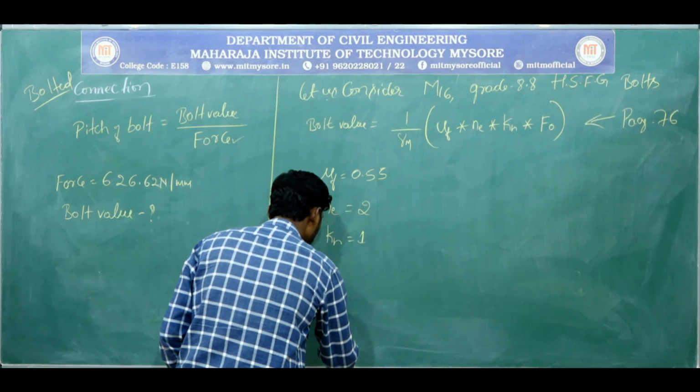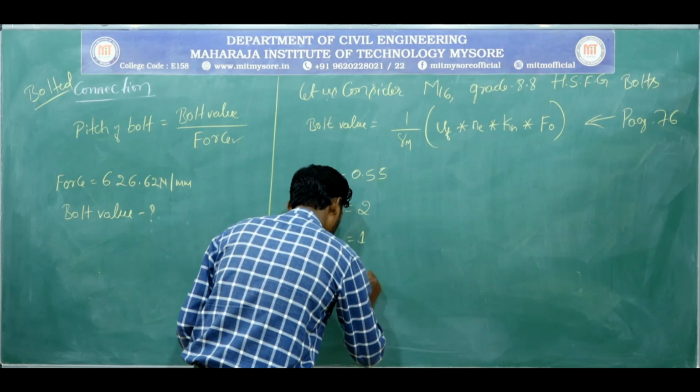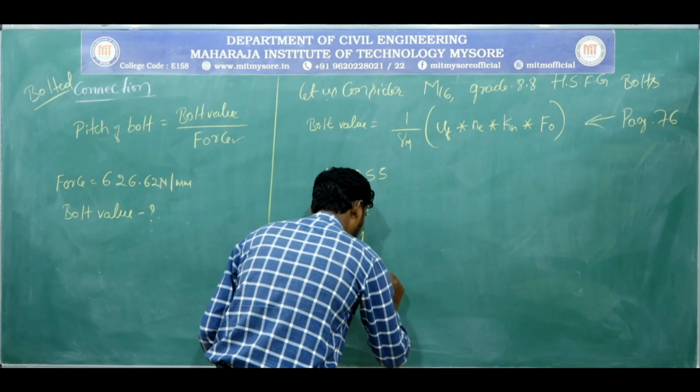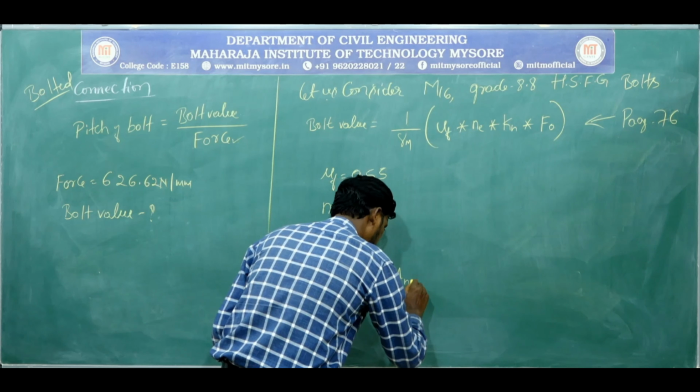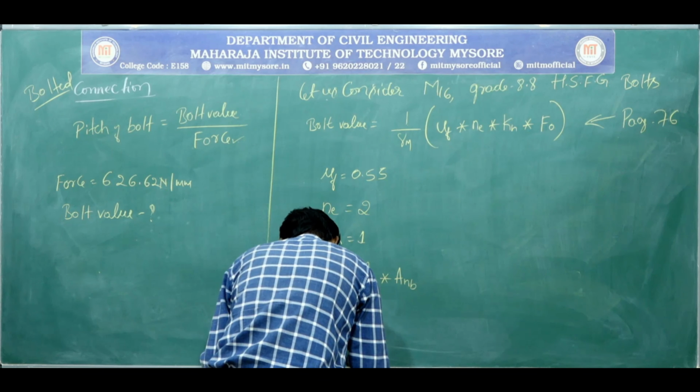And F naught is equal to small f naught multiplied by the net area of the bolt. So what is small f naught?